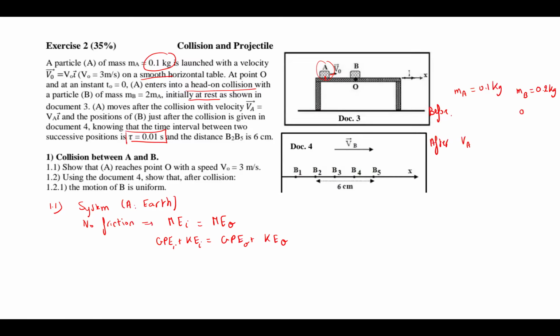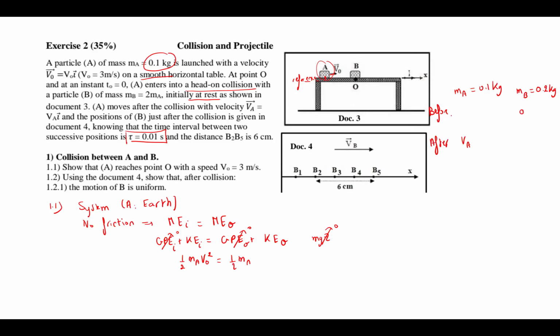Then in this case, GPE, which is mg times z, the height is 0. So in both cases, this will be 0. We still have KE, so it's half ma times V initial squared, where the initial speed V0 is given as 3 meters per second, equals half ma times V at the point O squared. This is what we have to verify.